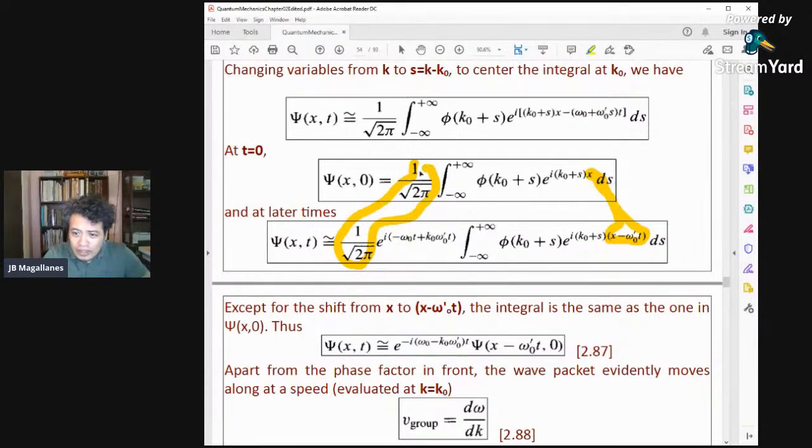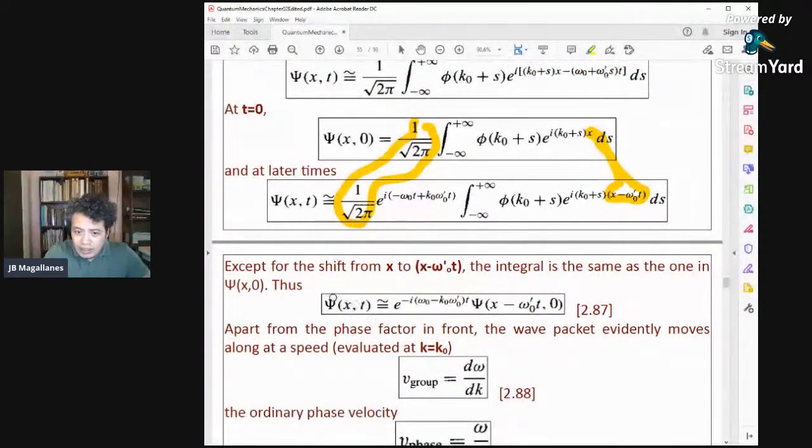So you can write the time dependent wave function to be this. Because this is like x here, and you have x here, and in this case, you have x minus omega sub 0 prime t. So your psi would look like this. So your time dependent wave function is now like that.